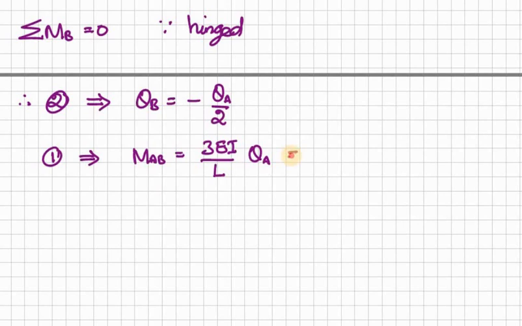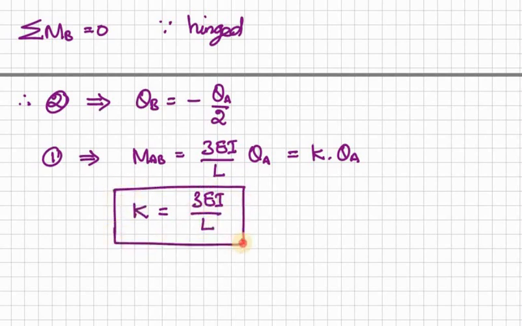Therefore, the remaining parameter, 3EI by L, should represent as a whole the stiffness of the beam. Therefore, this is equal to K times theta A. Therefore, stiffness of the beam K is equal to 3EI over L. So this is the stiffness of the beam when the far end is hinged.